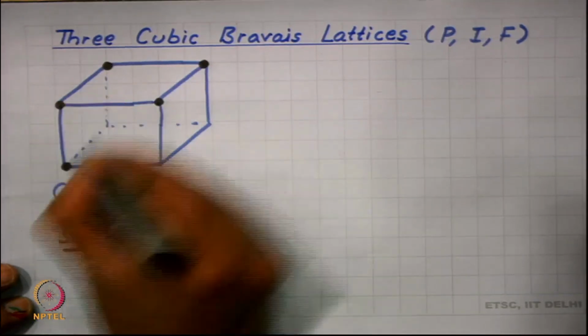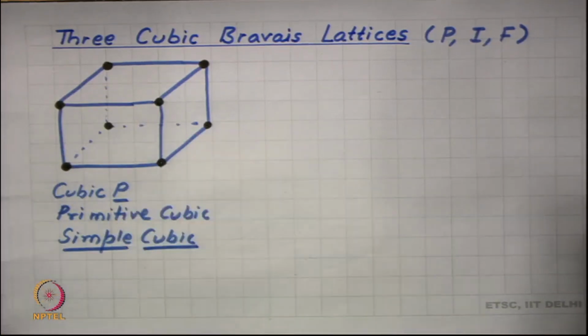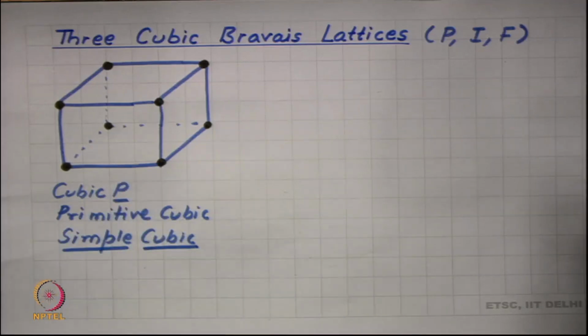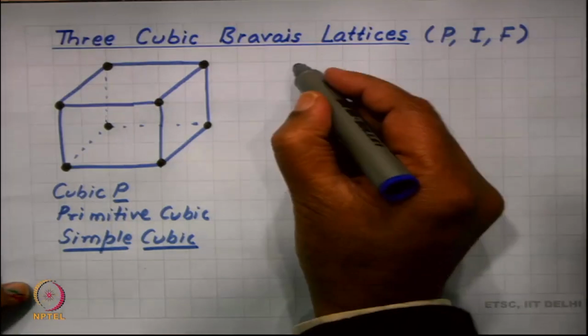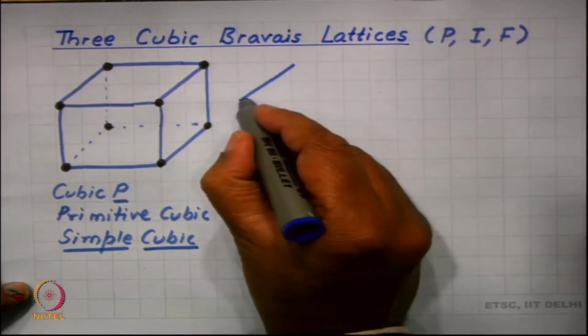So, only corners are identified as lattice points. Do not think of these as atoms, they are only points. I am highlighting them to emphasize that the lattice points are only at the corners. Let us draw the next one.